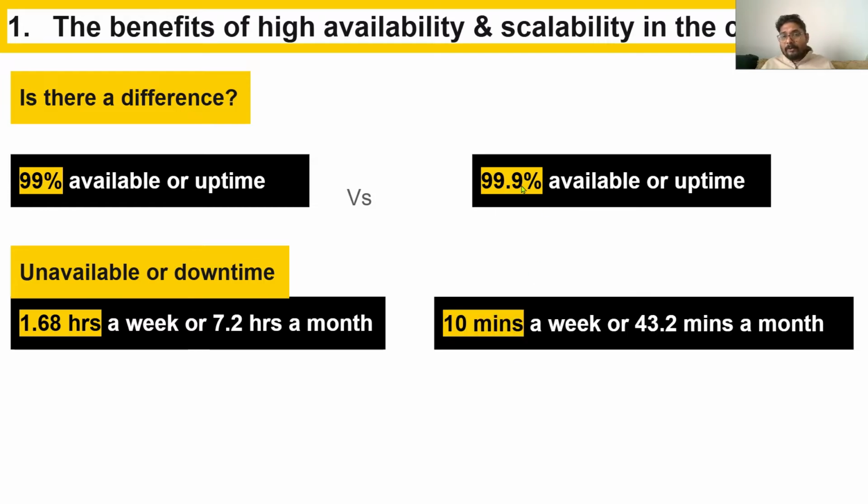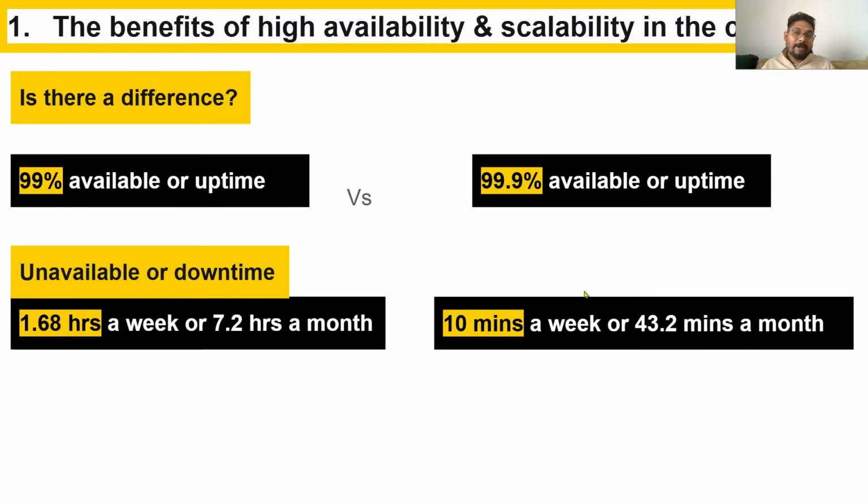Now look at 99.9%. This tells you only 10 minutes a week or 43.2 minutes a month. Now you can see the difference. 7.2 hours a month, your business may be down for 7.2 hours a month, and the other one is 43.2 minutes a month.